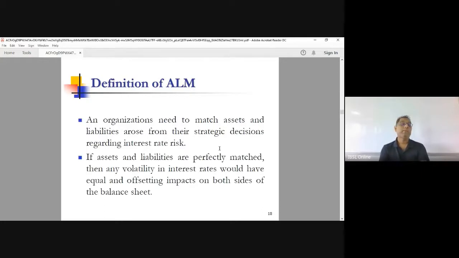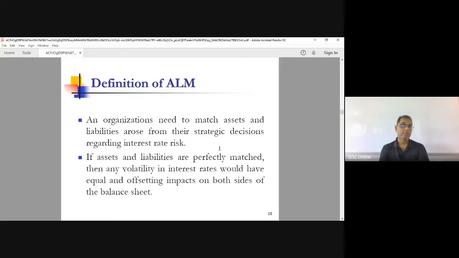So this only happens if you have floating interest rates. If you have an asset which is 5 years, like in the example, but a liability that is 1 year, then volatility in interest rates would not have an equal and offsetting impact on both sides, because one will be fixed, the other one will be floating.